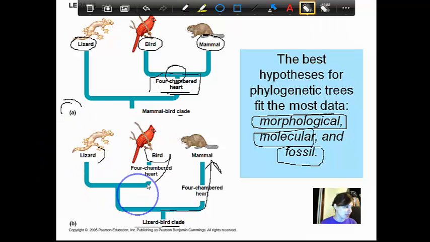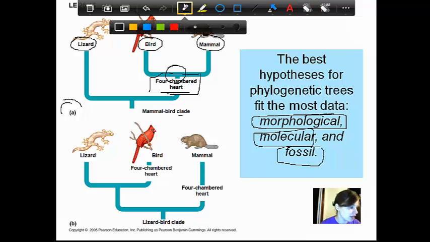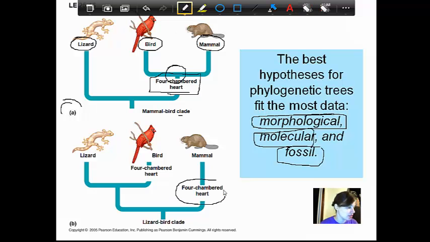So how do we explain that both birds and mammals have a four-chambered heart, but birds and lizards are more closely related? The diagram shows that the four-chambered heart actually evolved separately 2 different times: down here for the mammal and right here for the birds.